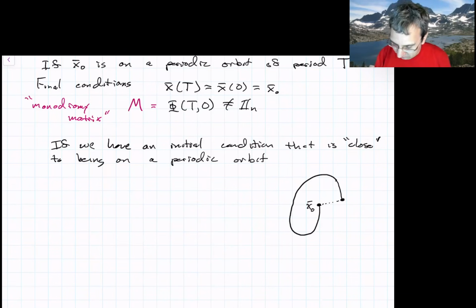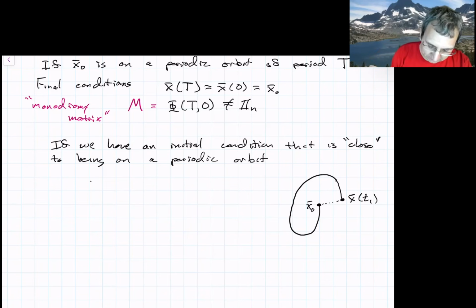Let's just call this time T. So this would be x bar at time, we'll call it T1. Then we're going to have some displacement. I'd call that maybe delta x T1.